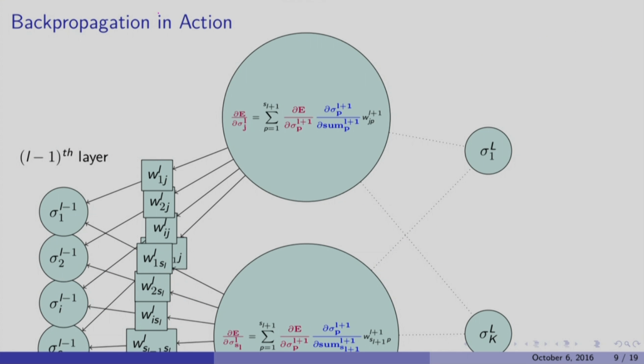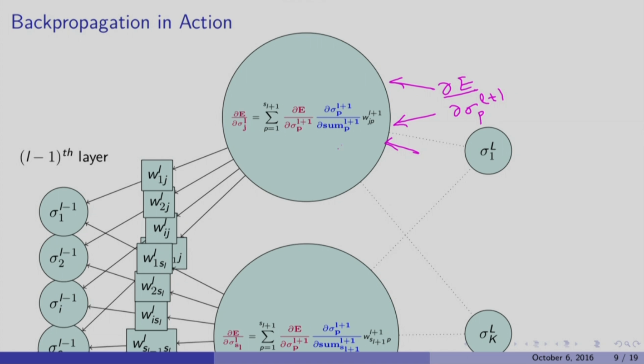So here is backpropagation in action. What we find is the partial derivative of E with respect to sigma jl is being derived from the partial derivatives of E with respect to sigma pl plus 1 of the next layer. So we have made an implicit assumption that a whole lot of these partial derivatives from the next layer are computed and supplied to this node.